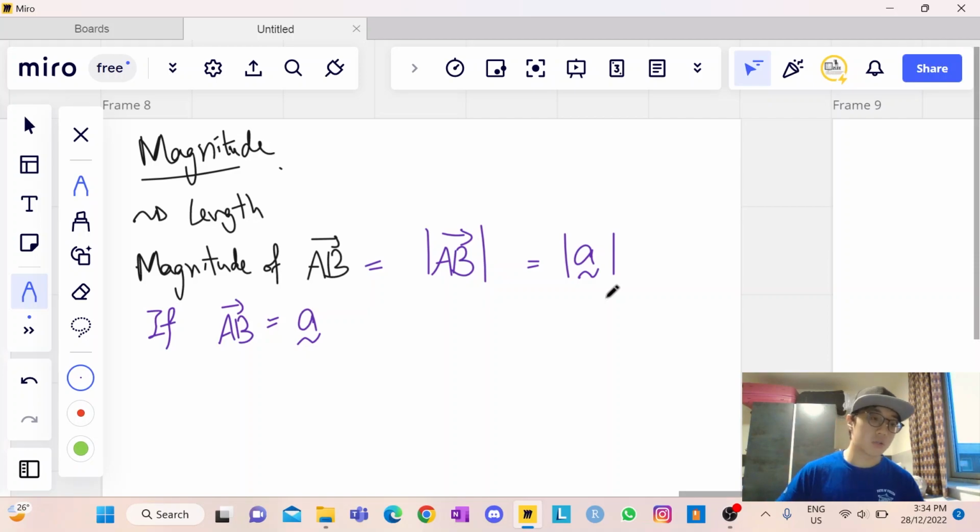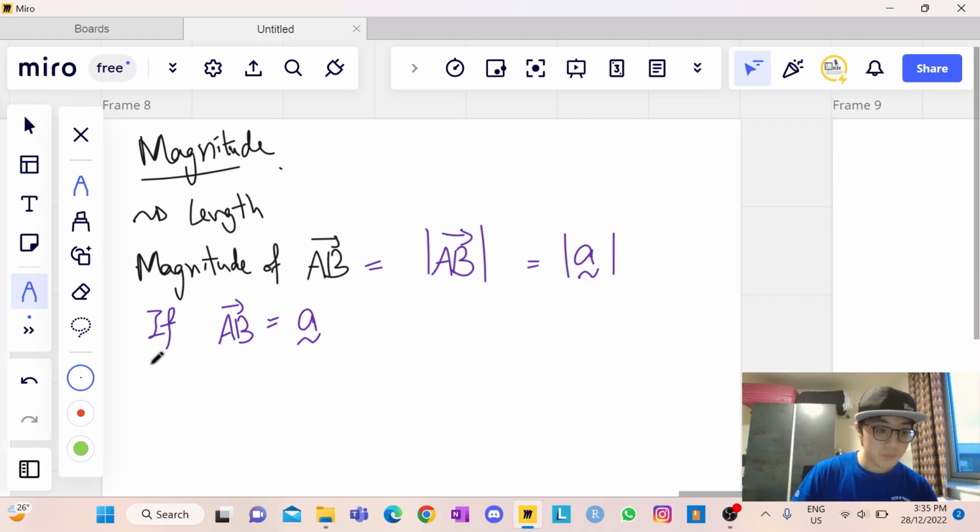And how do you calculate them? If you recall from the coordinates, we use one coordinate minus the other coordinate, then square everything. You can check it out somewhere here if you still don't know how to calculate the distance between two coordinates.